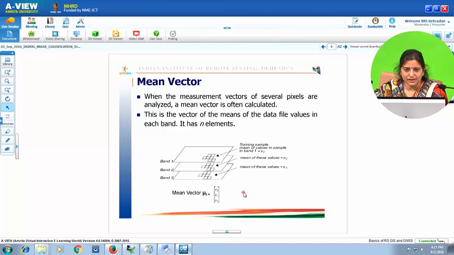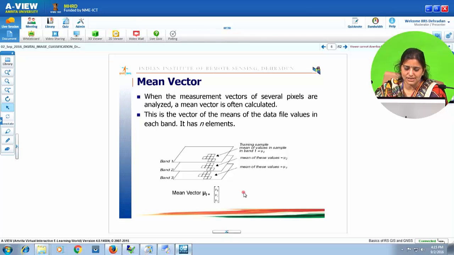Similarly, for certain applications, we are not considering one single pixel, we are considering more than one pixel. In such cases, we would be required to find the mean, standard deviation, variance and other statistical properties for these sets of pixels. So likewise, we can make a mean vector, standard deviation vector and so on.